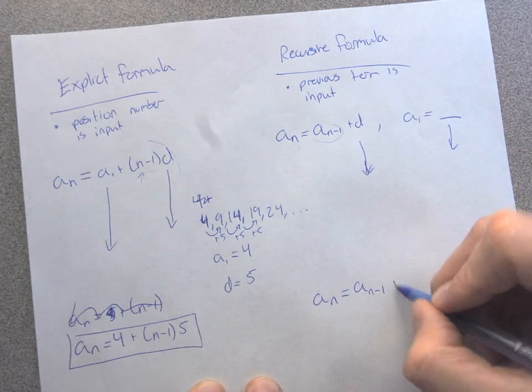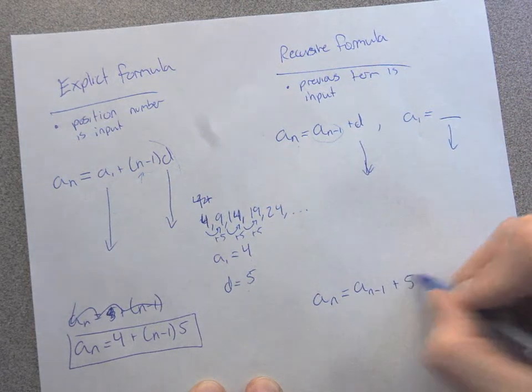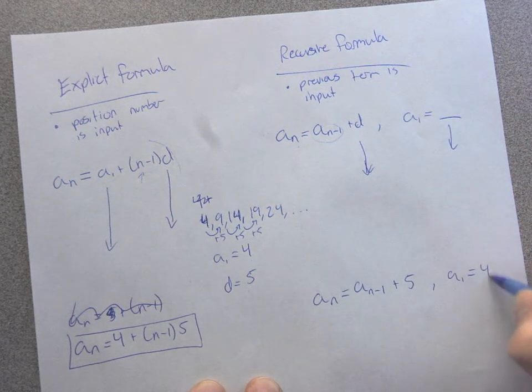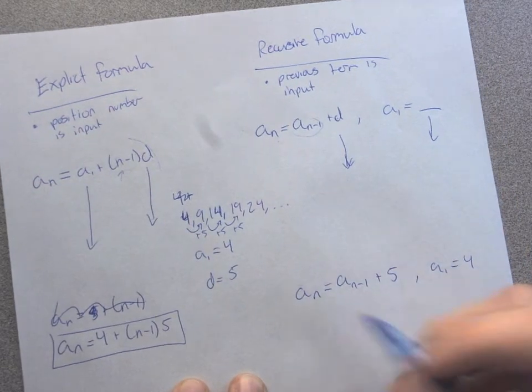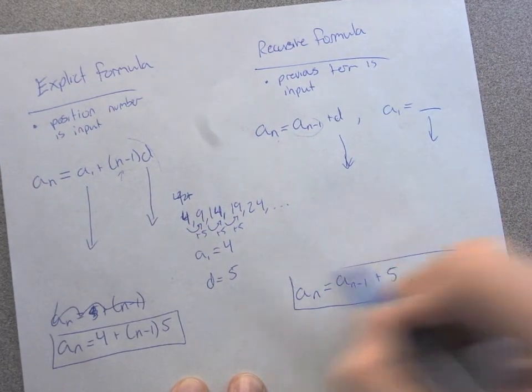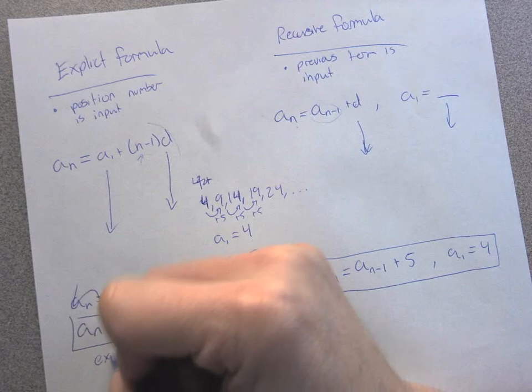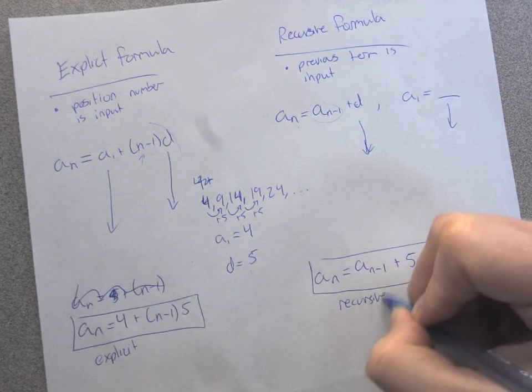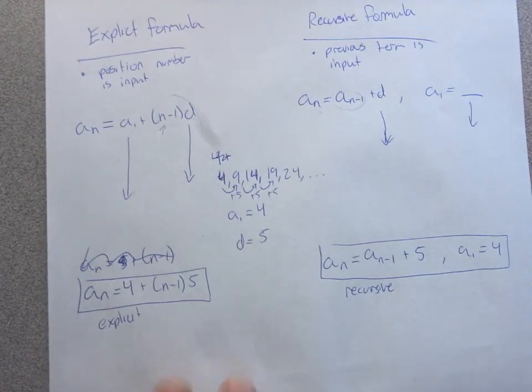And then what we replace is the d. Then comma, a1 equals 4. This is a recursive formula. So explicit, recursive. That's how you get them.